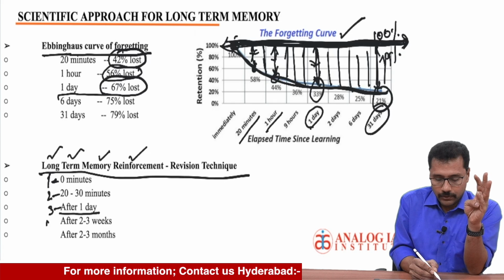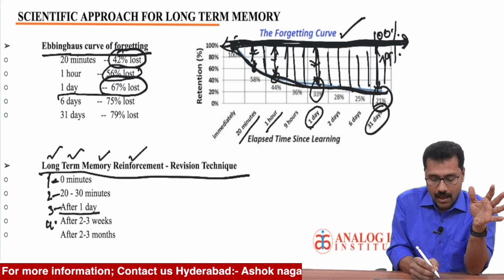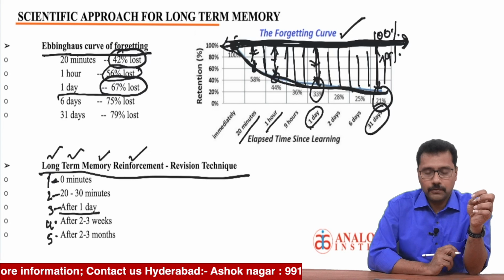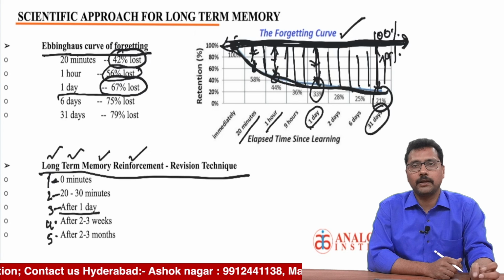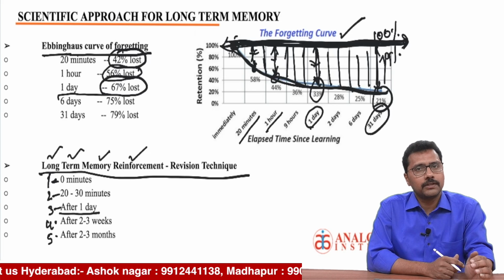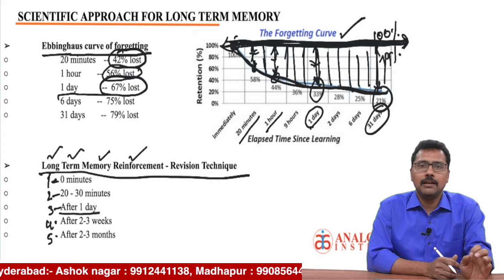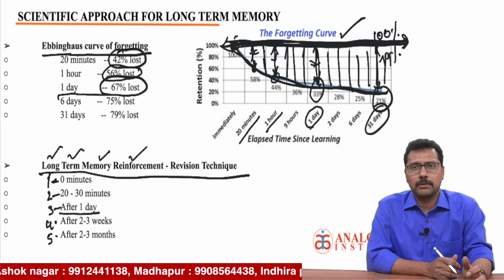Next, the fourth time, revise in 2 to 3 weeks. And the last time, the fifth time, if you are able to revise in 2 to 3 months, then whatever information or chapter you learned will never leave your memory space.